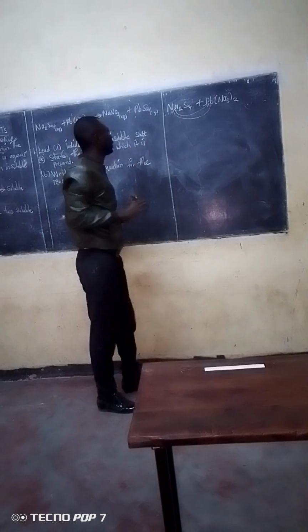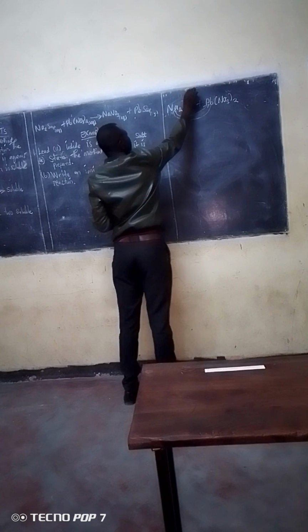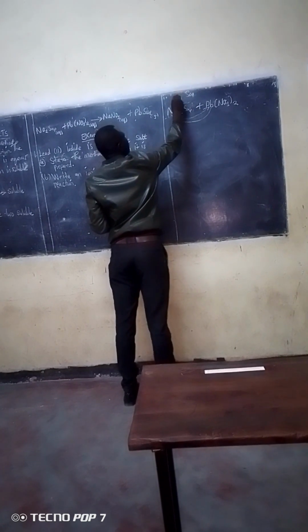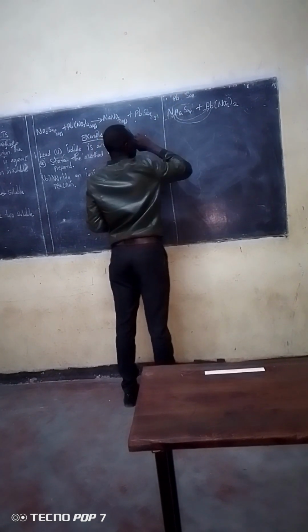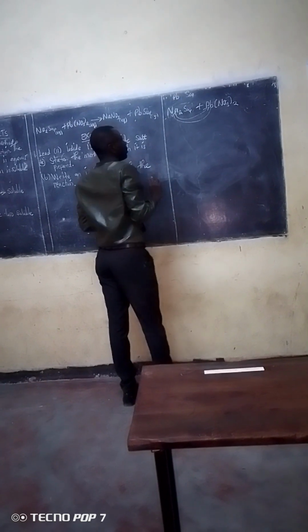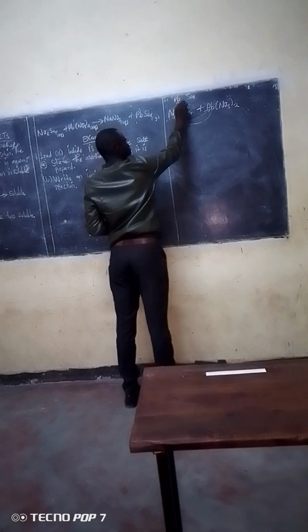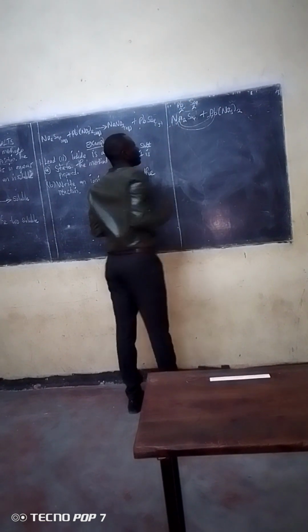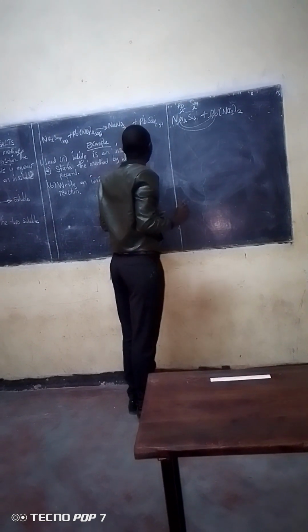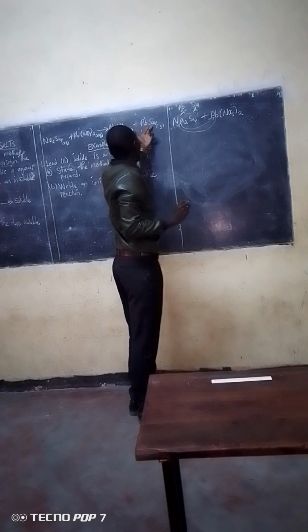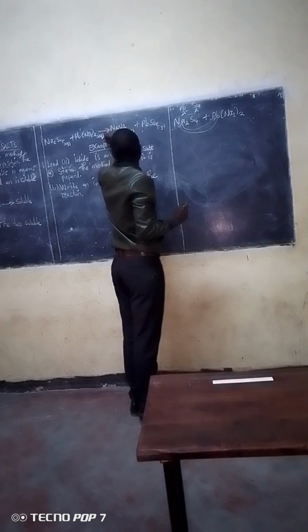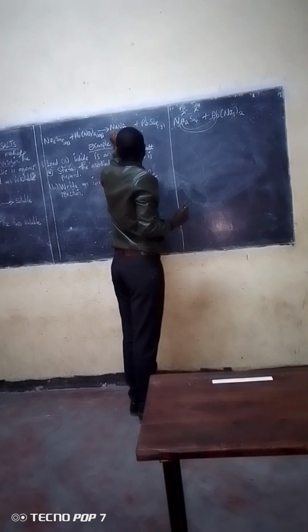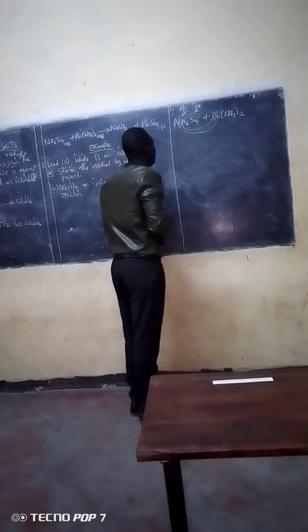Now, what will happen here? You write sulfate and we have lead. What's the valence of lead(II)? Lead(II) has a valence of 2. Sulfate has a valence of 2. Since the valences are the same, that's how they came up with this. Even if you interchange them, it is just the same thing.